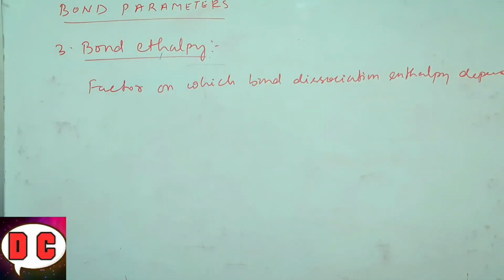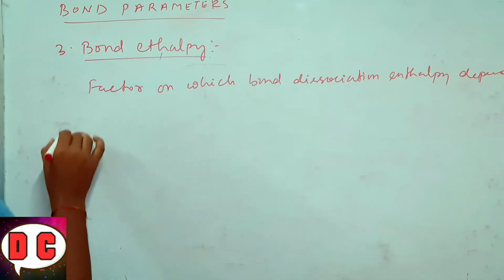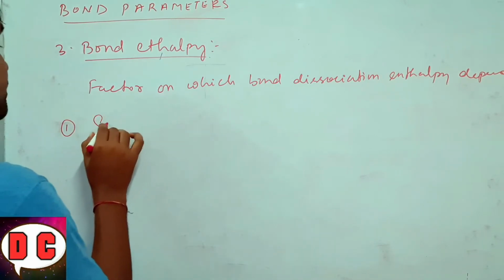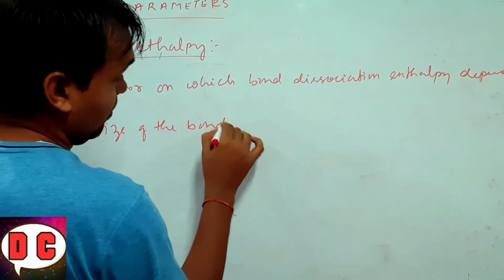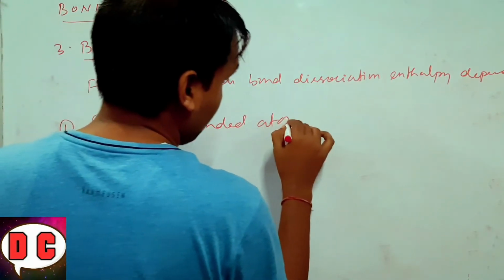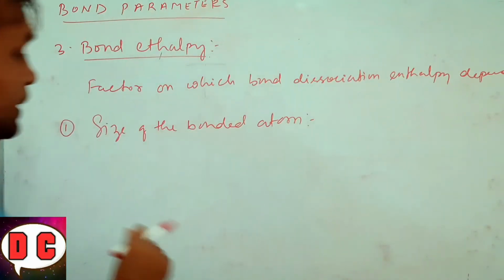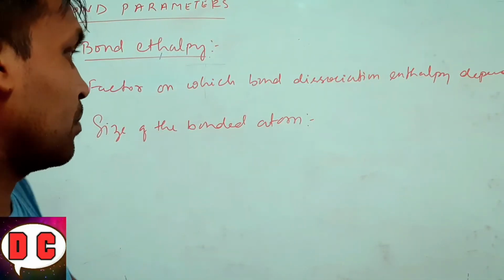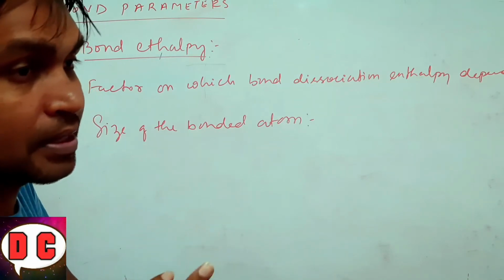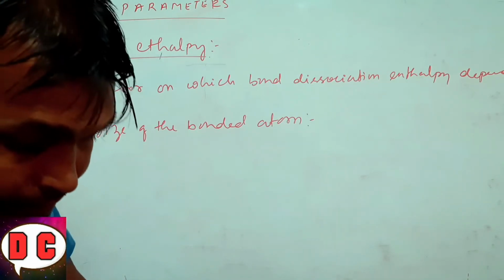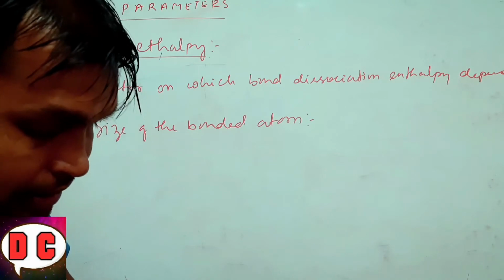The first factor is the size of the bonded atoms. So what will happen if the size of the bonded atom increases? Bond enthalpy will decrease. Okay or not?